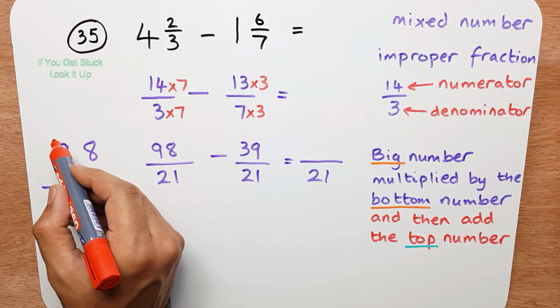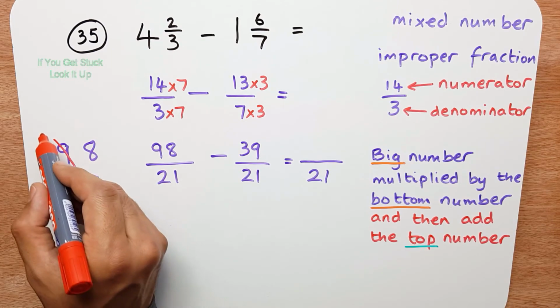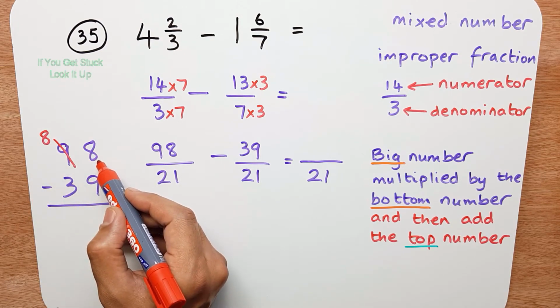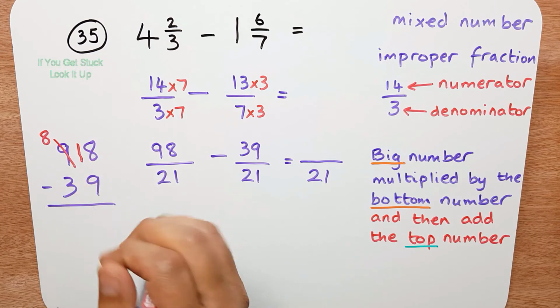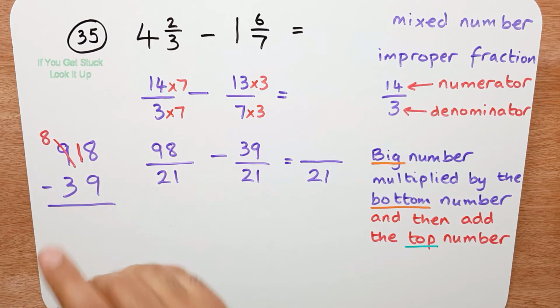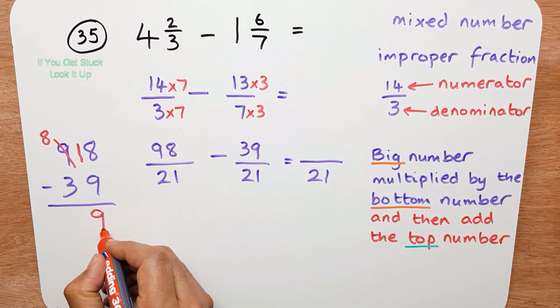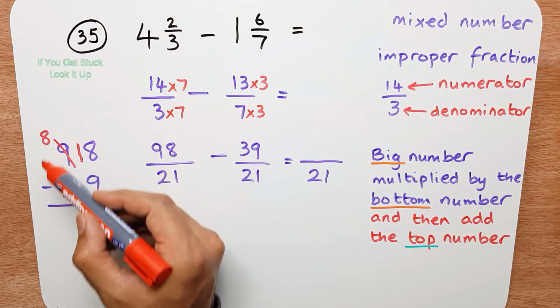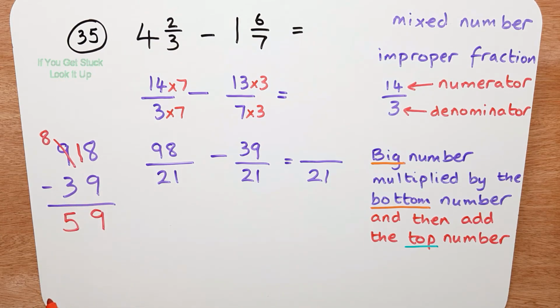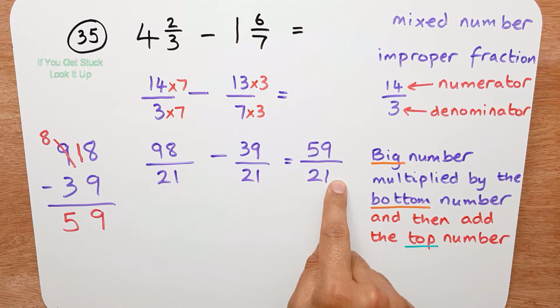So this 9 we cross out and the 9 becomes an 8. And the one that I've borrowed turns this 8 into 18. So my calculation is 18 take away 9, and that is 9. And then I have 8 take away 3, which is 5. So my answer is 59 21s.